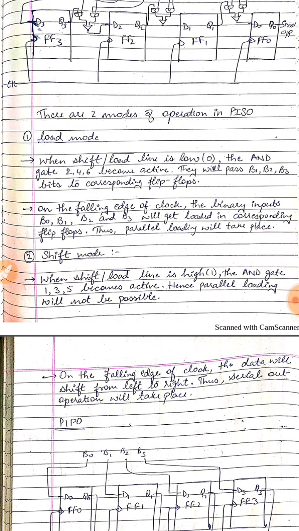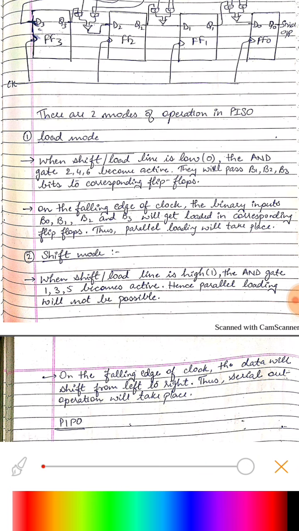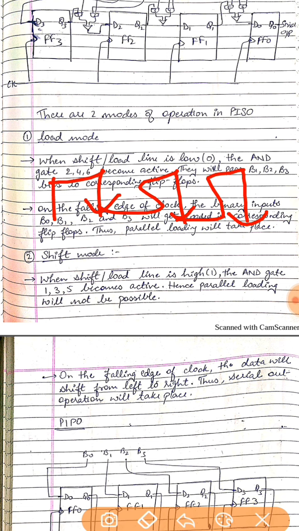On the falling edge of the clock, the data will shift from left to right. As we have seen, every operation takes place on the negative edges, as we are using negative edge triggering in the flip-flops. So this is how the serial in parallel out shift register works.